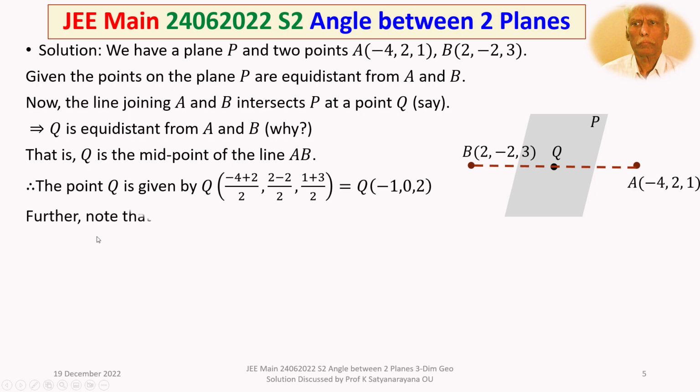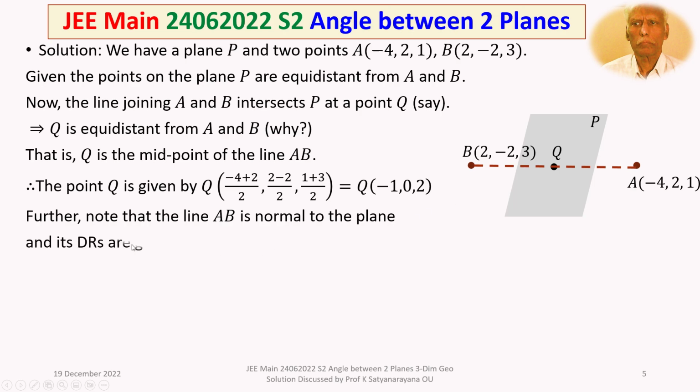Now further, note that the line AB is normal to the plane P. The line joining A and B is perpendicular to the plane P, and that is why it is called the normal to this plane. The coordinates of A and B are known, therefore the direction ratios of the line AB, that is, of the normal to the plane P, can be found.